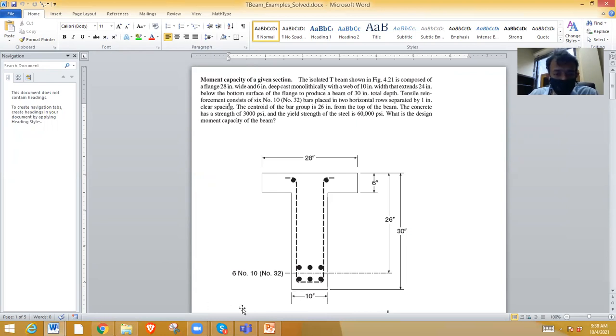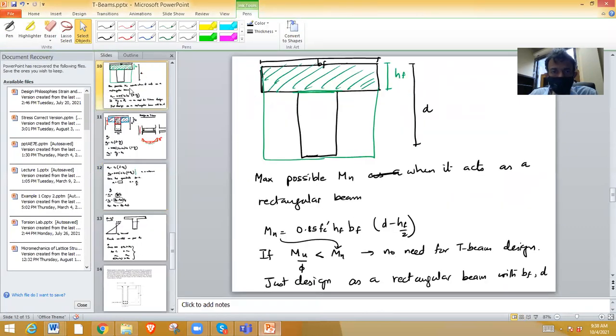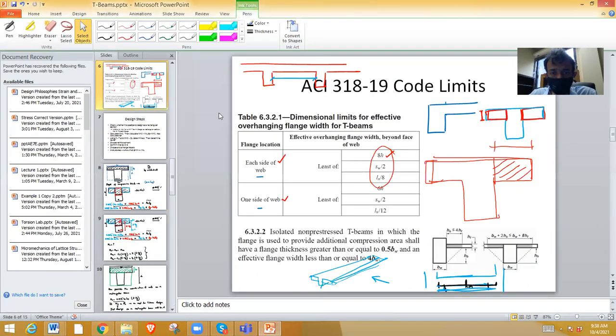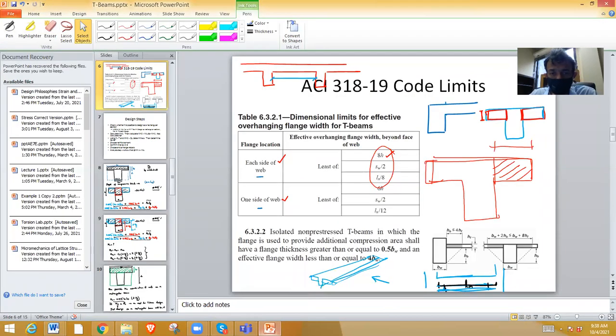Now we check the code recommendation for an isolated T-beam: flange thickness shall be greater than or equal to half of the web width. Half of the web width is 5 inches. The flange thickness is 6 inches, greater than 5. So we are okay there.